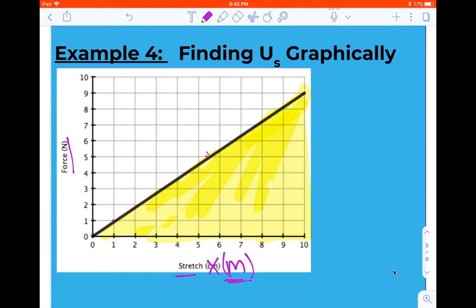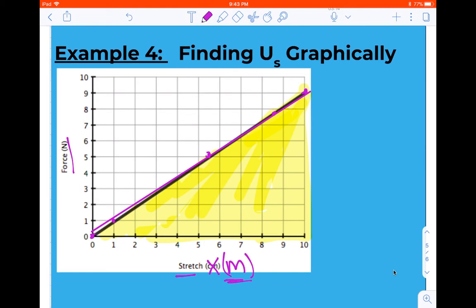So 5.5, 5, 8.5, 7.5, and 10.9. Okay, and then we want a best fit line there.